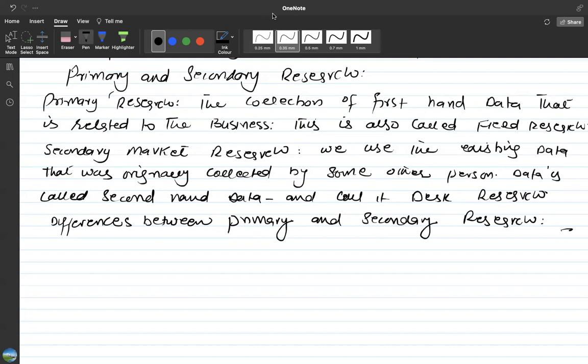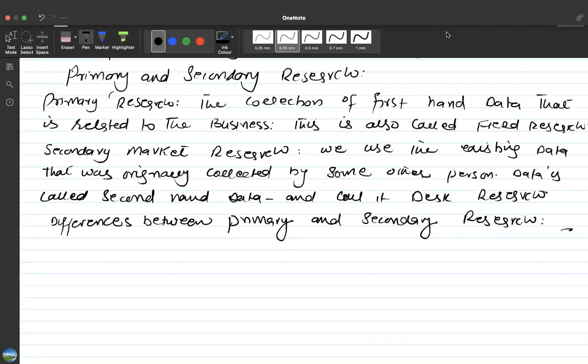They set their own objectives, conduct the research in the market, and collect the data directly. While in contrast, secondary research is the use and analysis of data that already exists. Secondary research data has already been collected by some other person for the purpose of his own objectives, but now is available in different forms.